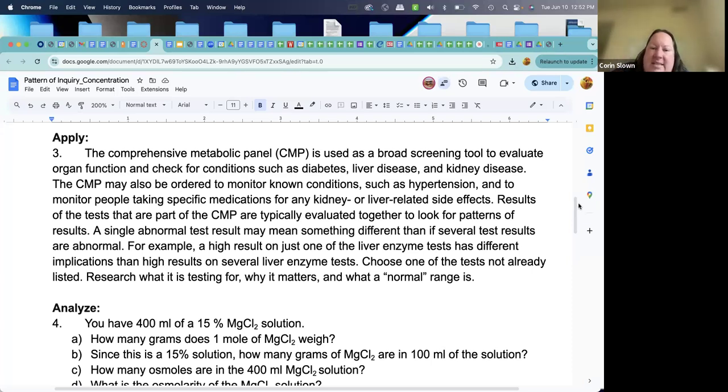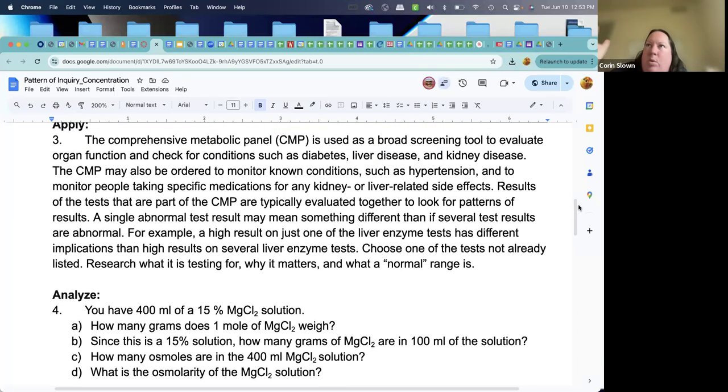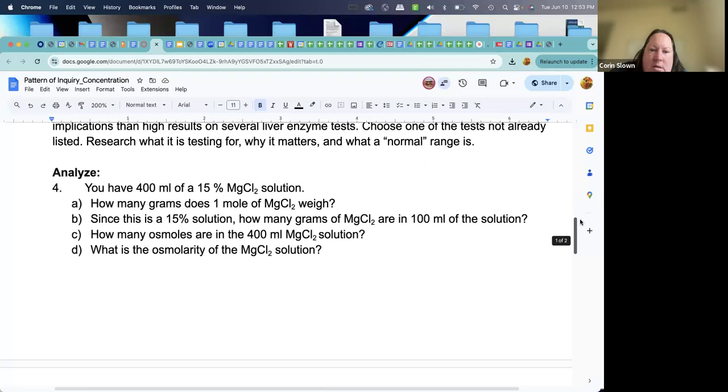So choose one of the tests that we haven't taken a look at in depth and think about that range, why it matters, what normal is, and describe that. And then think about, well, what would be abnormal? If you were to look at a value and see a specific concentration, what would make that test abnormal and why would it be a concern?